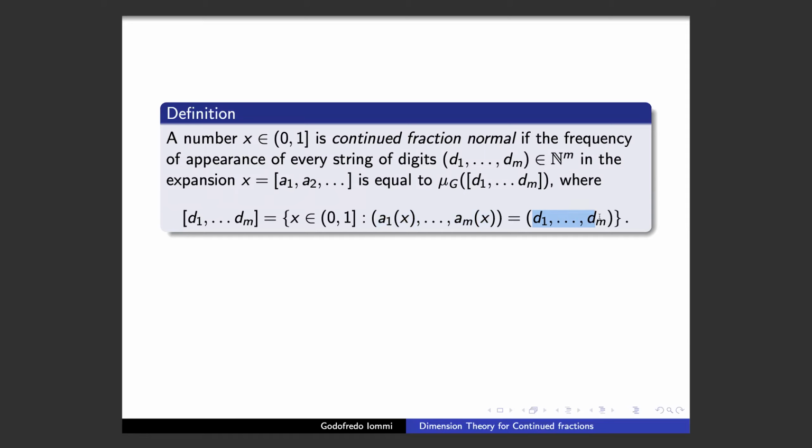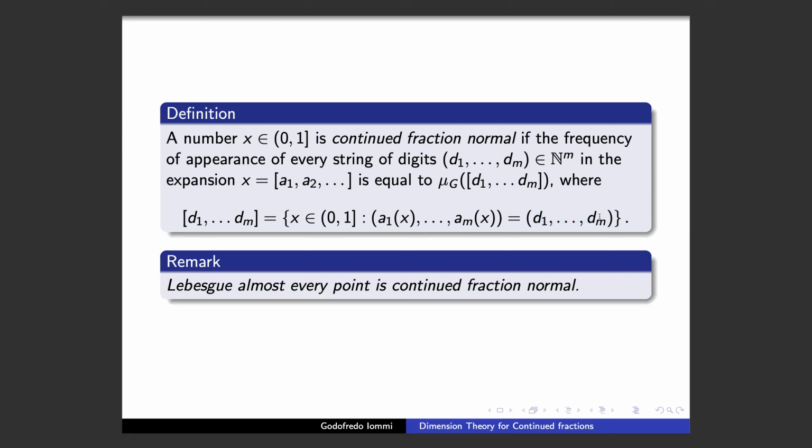This is essentially the same thing you do when you consider normal numbers in the decimal expansion. It's the same definition. In this case, it's less neat because you're using the Gauss measure instead of the Lebesgue measure, but well, that's a classical definition of continued fraction normal.